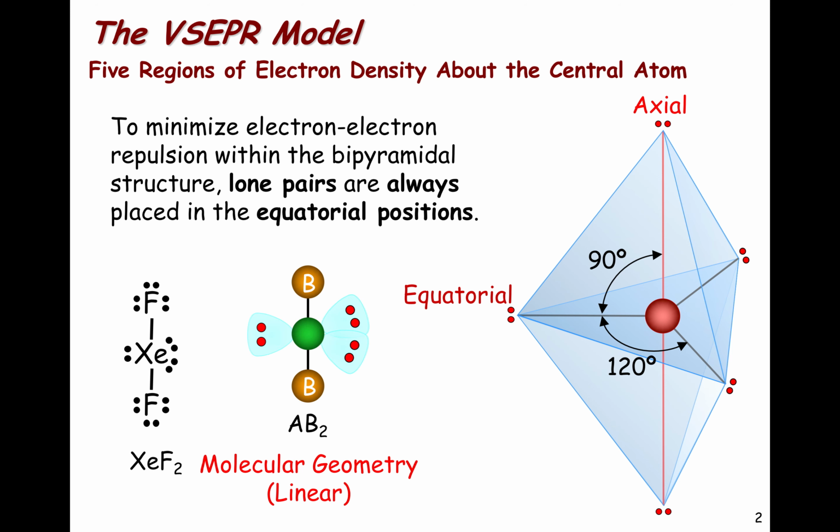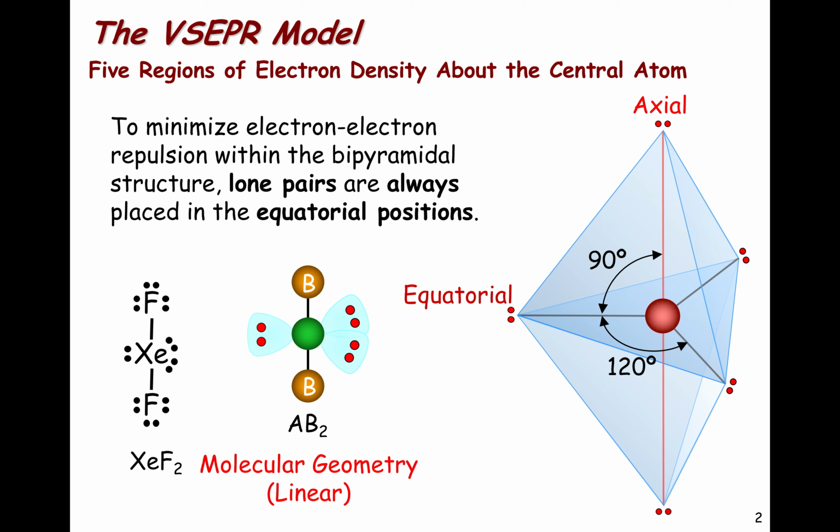It turns out that the equatorial positions allow for greater angles, and therefore it is easier for the lone pairs to be located in equatorial positions as opposed to the axial positions.